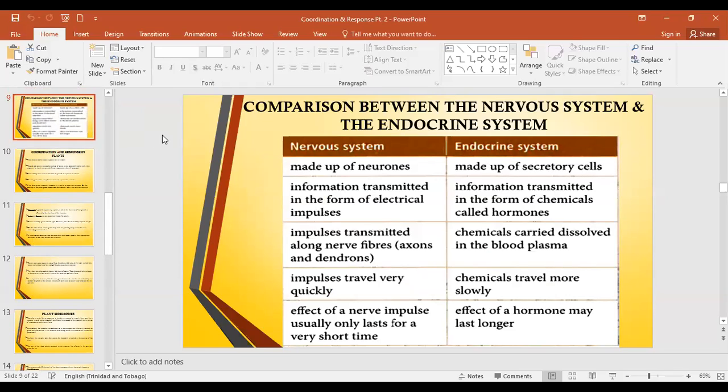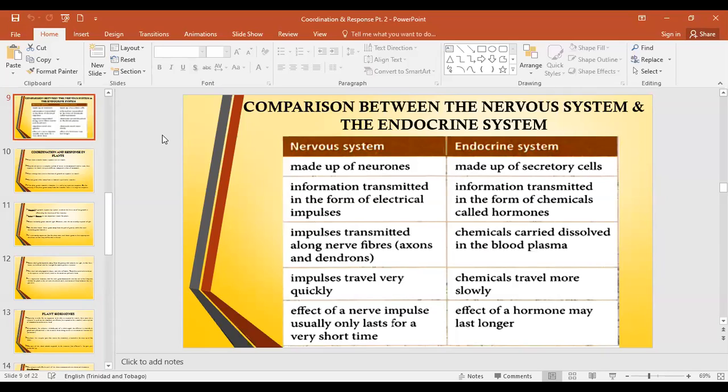All right, so this is the difference between your nervous system and your endocrine system. Both of them are responsible for communication. They help to regularize bodily functions, and they help with the overall functioning of your body.